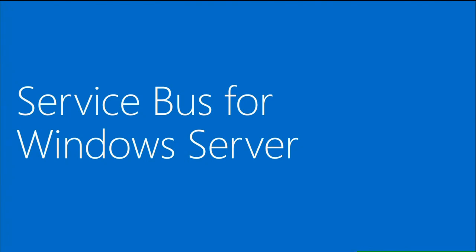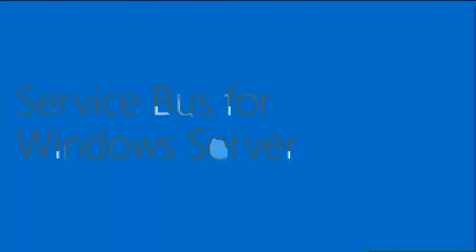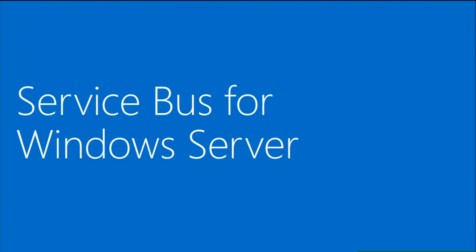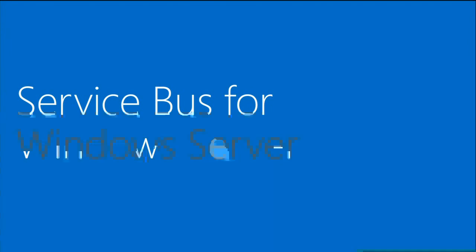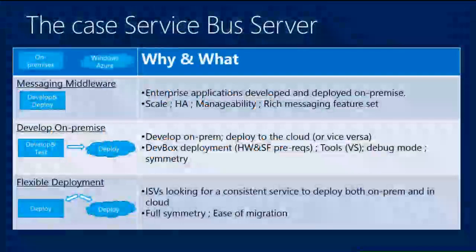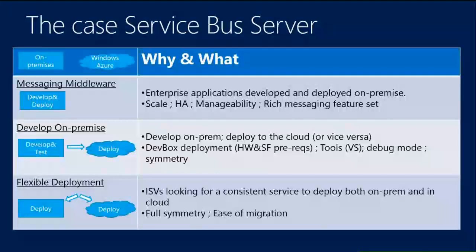Service Bus for Windows Server is the on-premises version of the thing that we give you in the cloud, with some changes, with some things that are a bit different. We ship it for several reasons. Here's three. First of all, just messaging middleware.